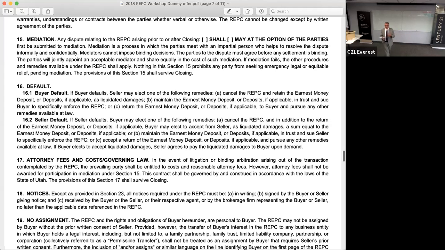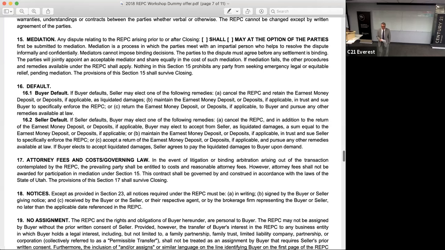So if the earnest money was $1,000 and you check the shall box, you shall go to mediation, you're going to have to pay for that mediation, which could essentially eat up a significant portion, if not all, of that earnest money. So now we're going to go to mediation to argue over the earnest money, but the mediator's going to get all the money, so it didn't really matter. Kind of thing. So for me, that's the downside to checking the shall box.